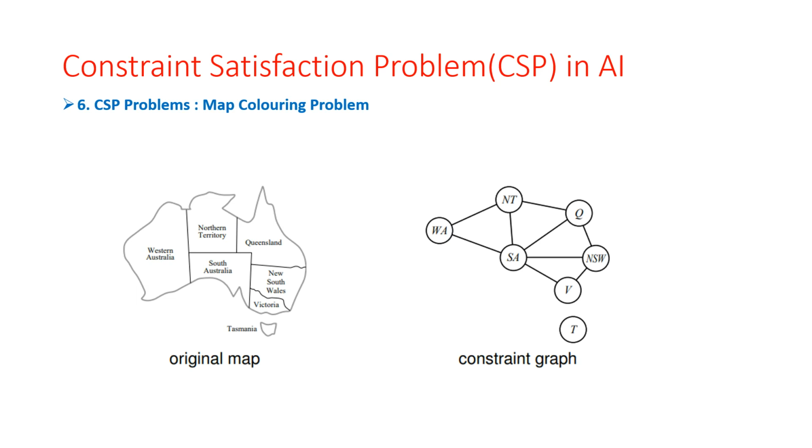So see here, there is one map and we have a constraint graph like this. Consider the case of boundary relations between the states of Indian territories.